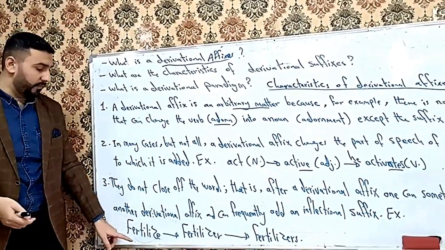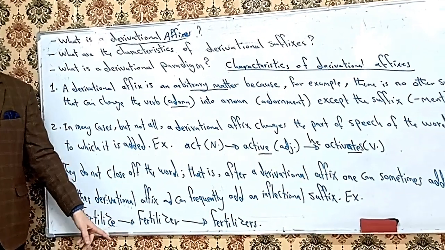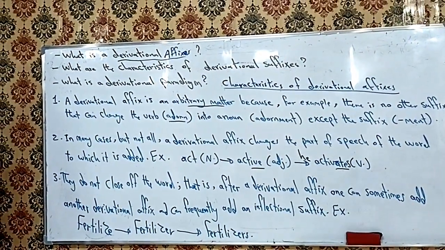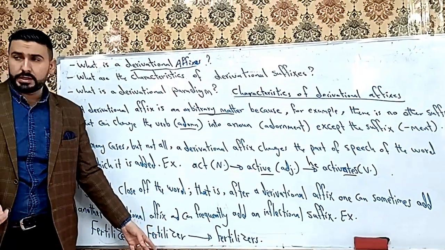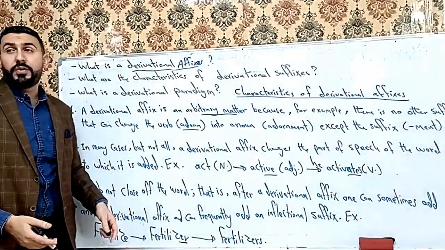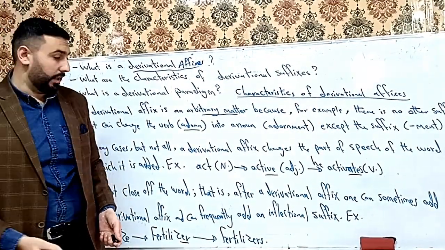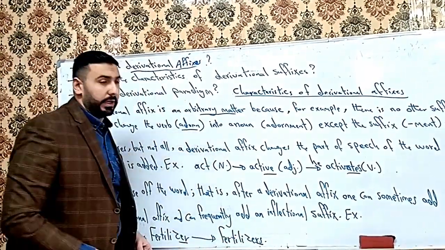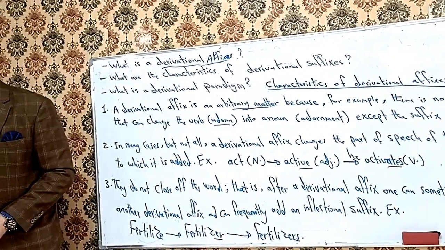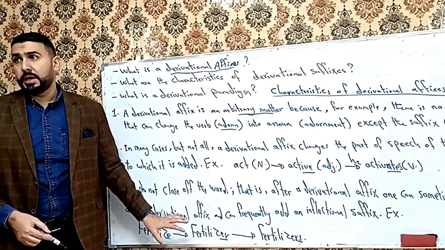For example, fertilize معناتها خصب. Fertilizer معناتها مخصب بالإي آر. And fertilizers حولناها إلى الجمع ضفنا لها S of plural. واضحة يا شباب؟ So there are three characteristics.